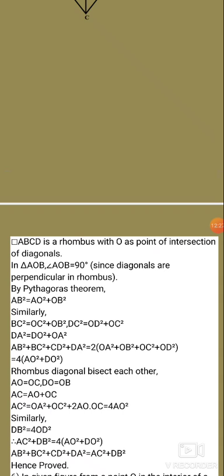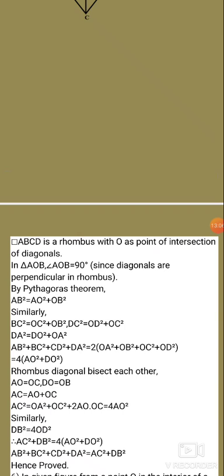AB square plus BC square plus CD square plus DA square is equal to OA square plus OB square plus OC square plus OD square, taken twice each, which is equal to 4 into OA square plus OD square, since OA square plus OC square are the same, and OB square plus OC square plus OD square become 4 into OA square plus OD square.